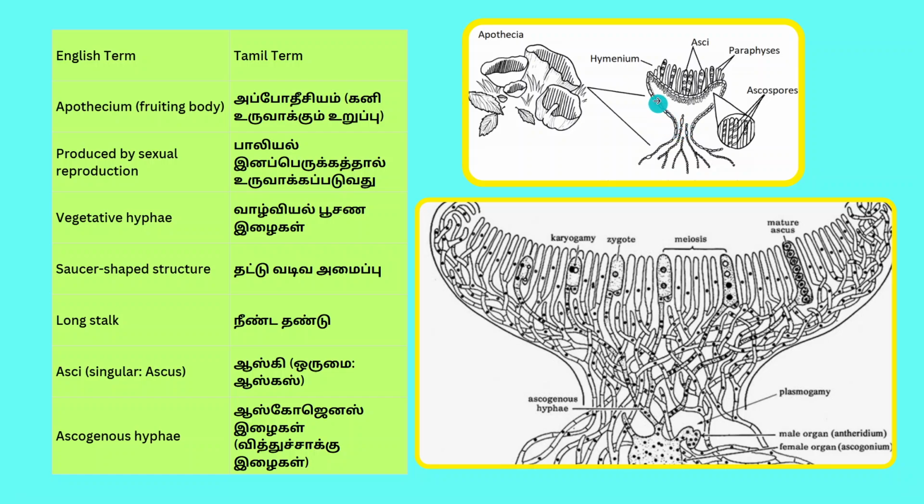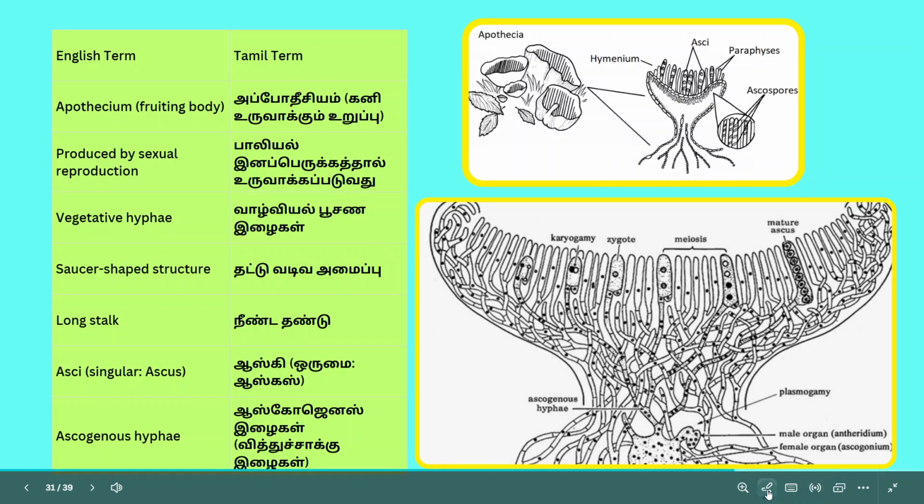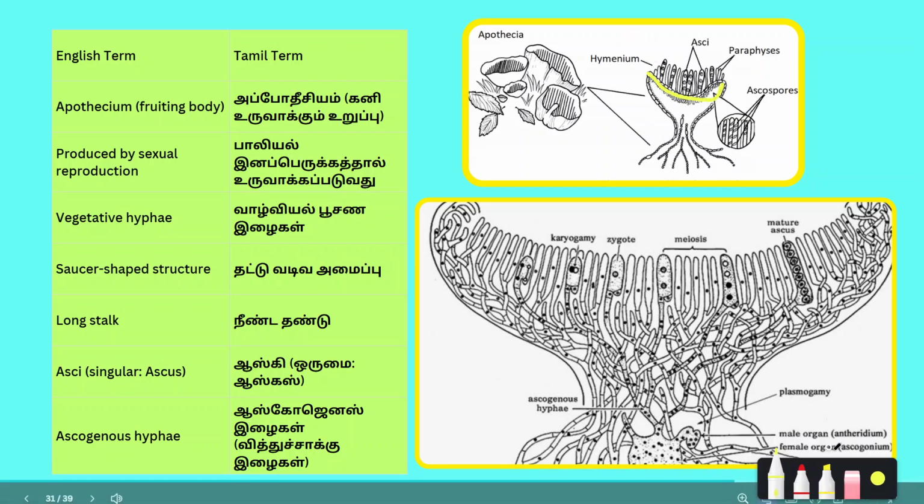you can see it here, and you have the topmost layer which we refer to as hymenium, and in hymenium you have two structures. One is asci, singular ascus, and these are the asci. Just a second, I will take a color pen. This particular layer, I will take another color.